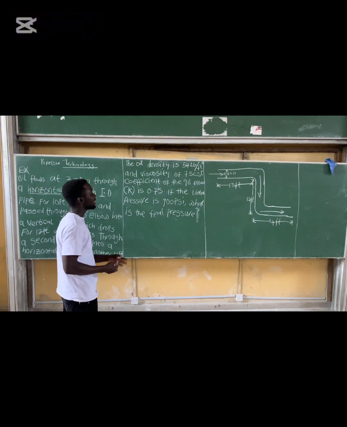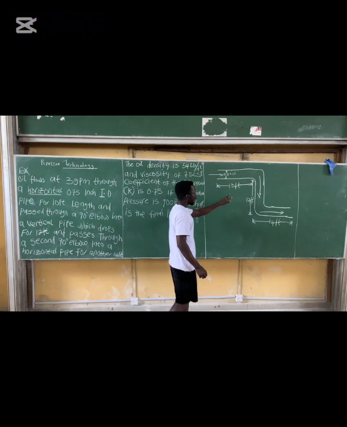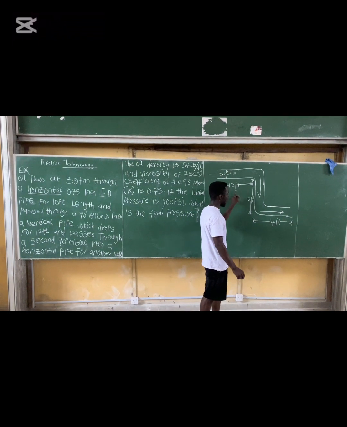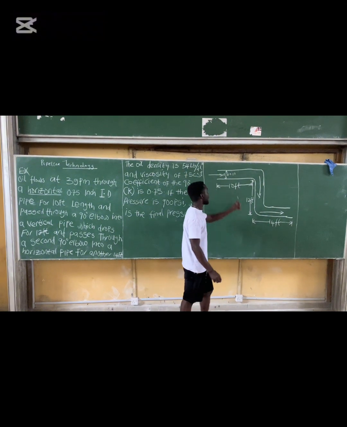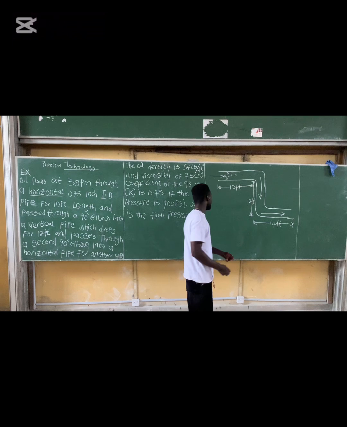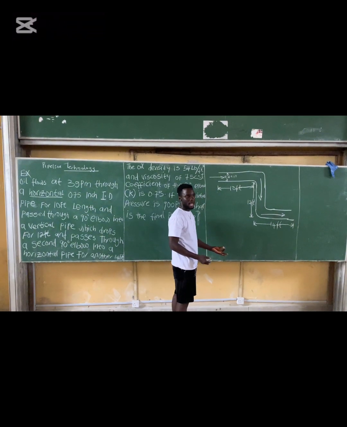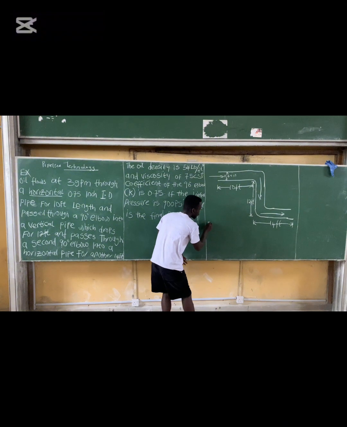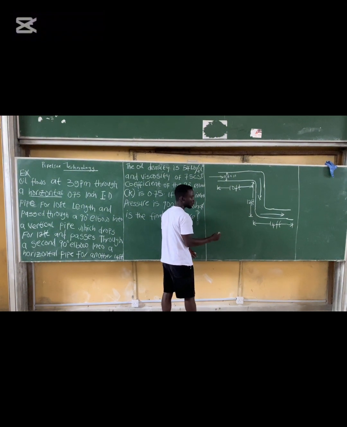Now if you look at this, they gave us 3 lengths, 1, 2, and 3, with one particular diameter, 0.75. So therefore, let's get the total length here. Let's sum these 3 lengths.